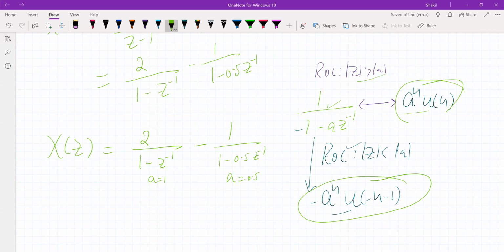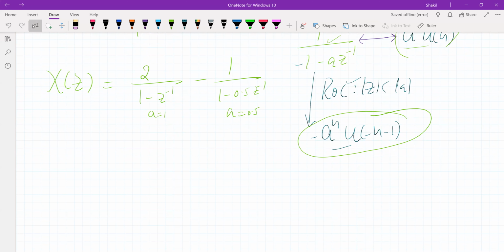Follow. So let's take the example. If the ROC is given like this, if ROC is greater than 1, it means the region of convergence is outside the unit circle. Now you can see the inverse z transform of this, outside the unit circle, means a is equal to 1.